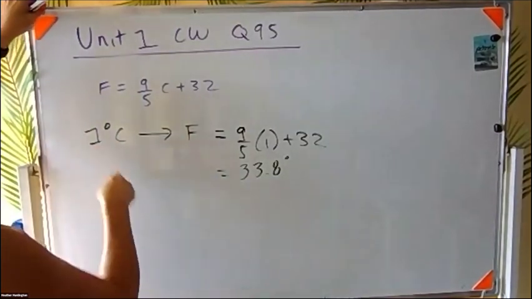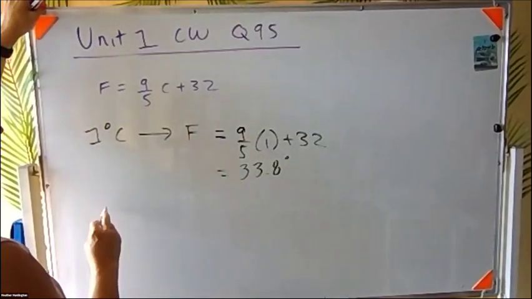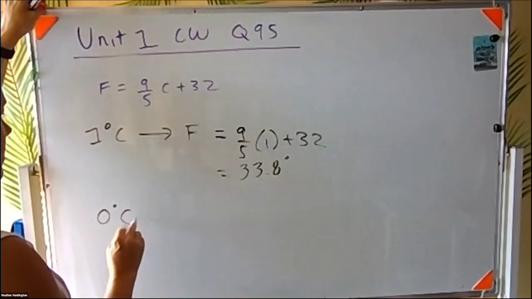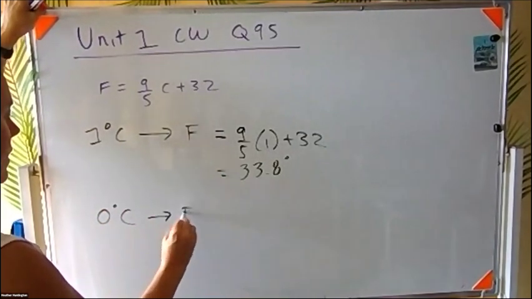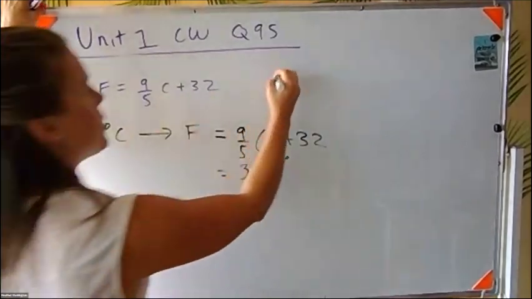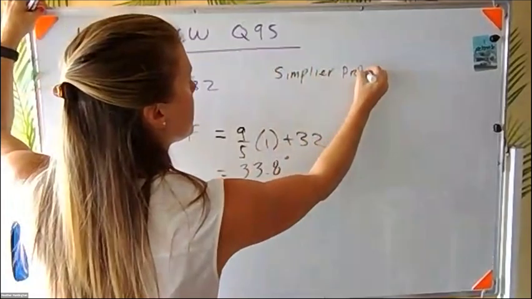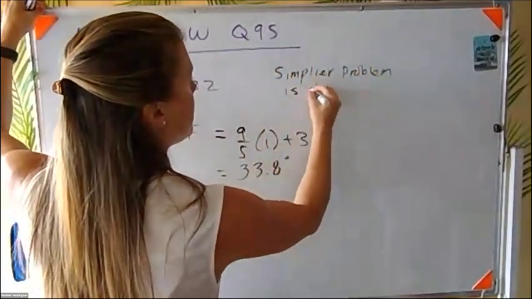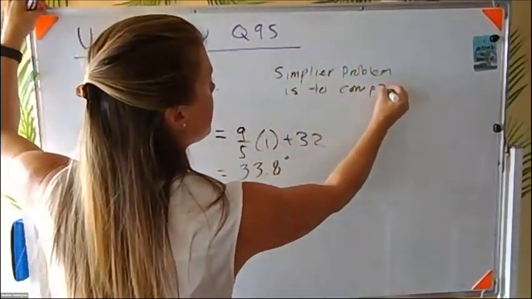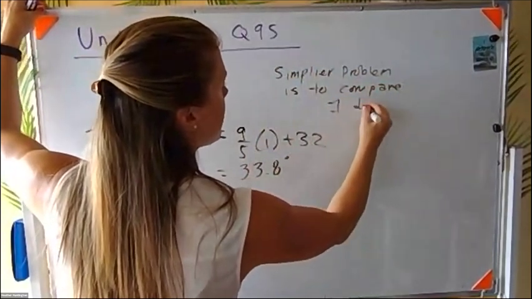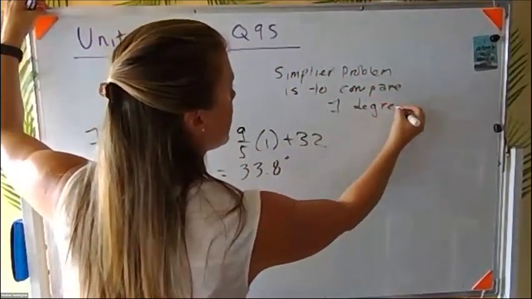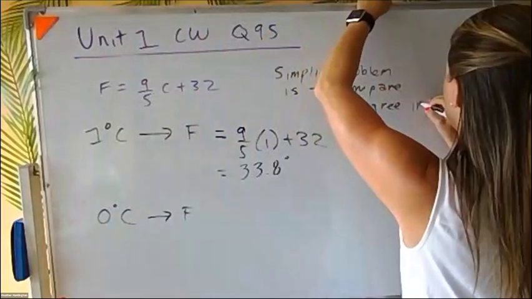Then let's go to 0. Or we could have done 60, I'm just solving a simpler problem. What about 0 degrees Celsius to Fahrenheit? A simpler problem is to compare 1 degree instead of 60.